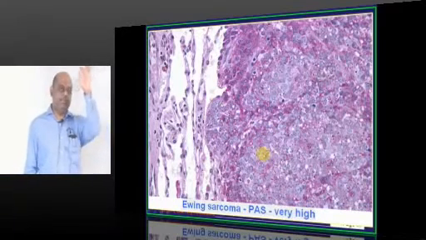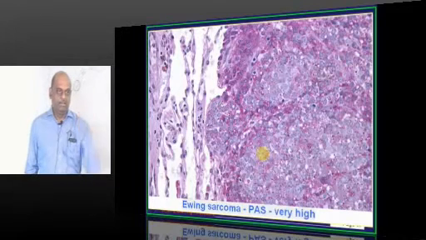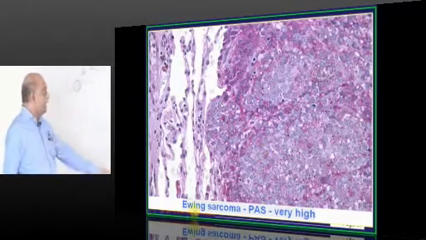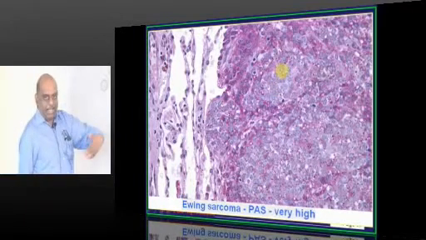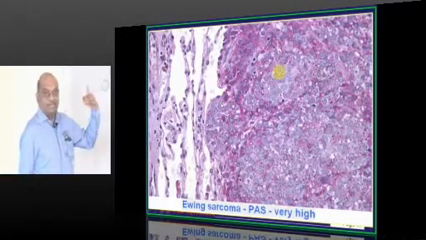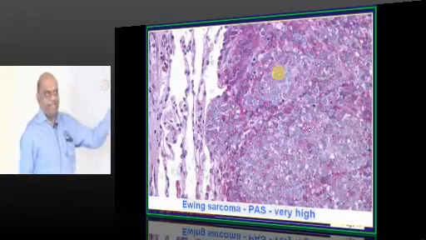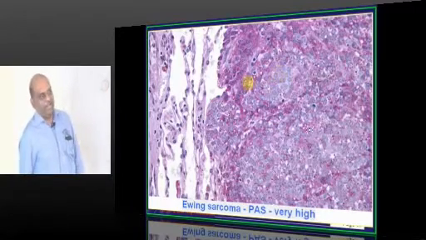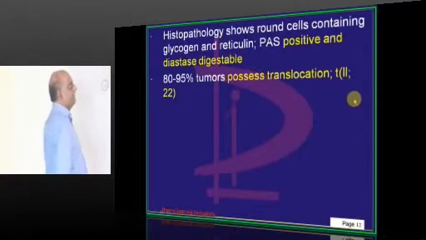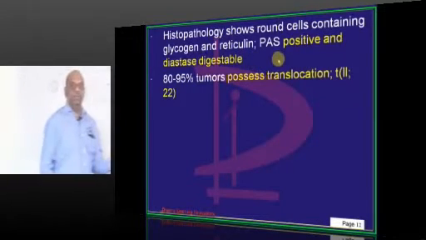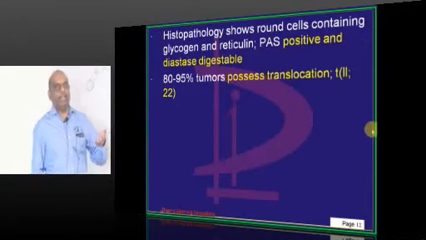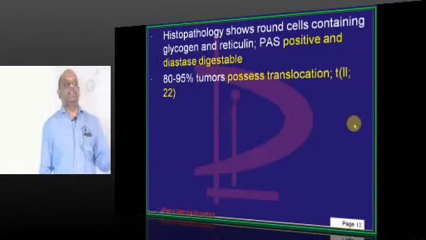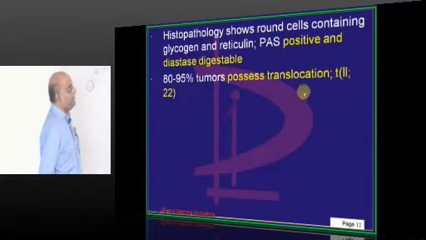This slide is going to come in tomorrow's exam in DNB. Ewing sarcoma, if you do PAS staining, it is strikingly stained. So that is very, very classical of Ewing sarcoma. So PAS positive, diastase digestible, glycogen and reticulin containing cells are the classical feature of Ewing sarcoma, is what you need to remember.